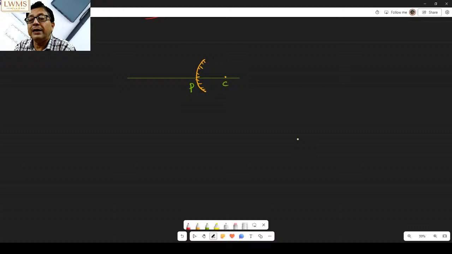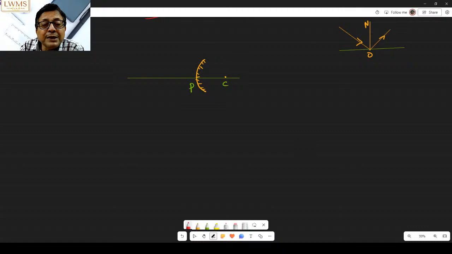When defining the angle of incidence, we draw the normal at the point of incidence, the incident ray, and the reflected ray. A question arises here: if this is our incident ray, this is the reflected ray, and this is the normal, how can I draw the normal for a spherical mirror? My answer is this.